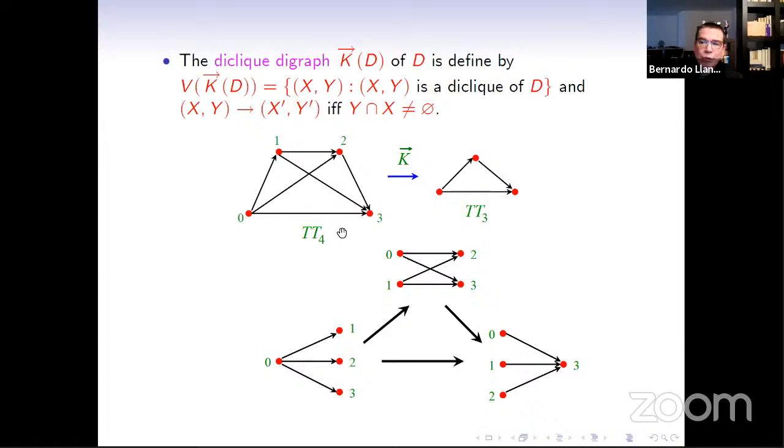It is easy to prove that these tournaments, you can define TT4, TT5, TTn, the transitive tournaments on n vertices, are unique up to isomorphism. There is only one. They are very well-known objects in tournament theory, and you can see that it is equivalent to a linear ordering, whatever.